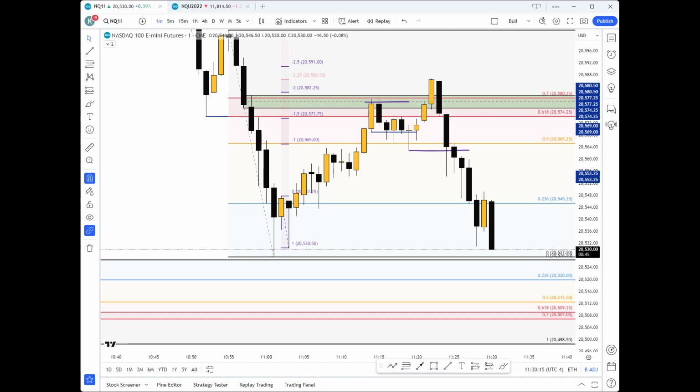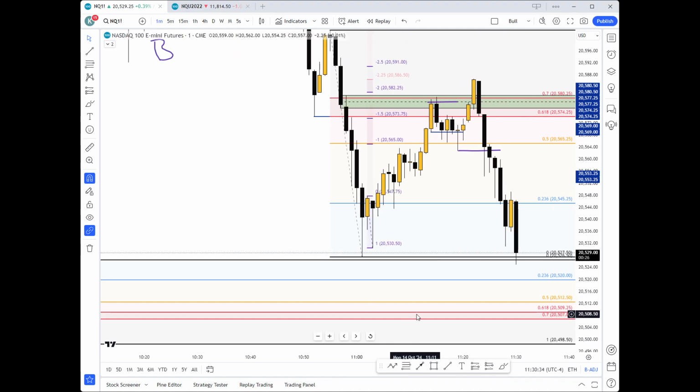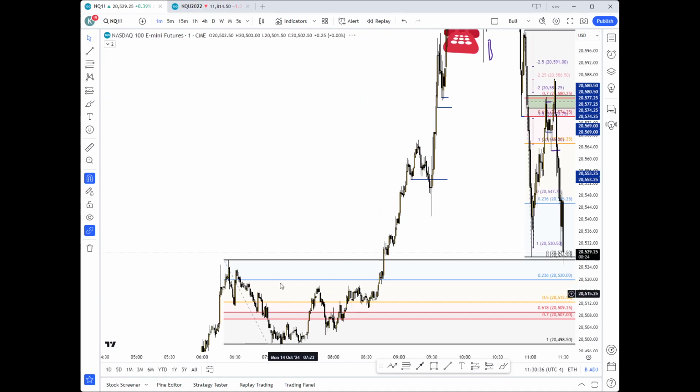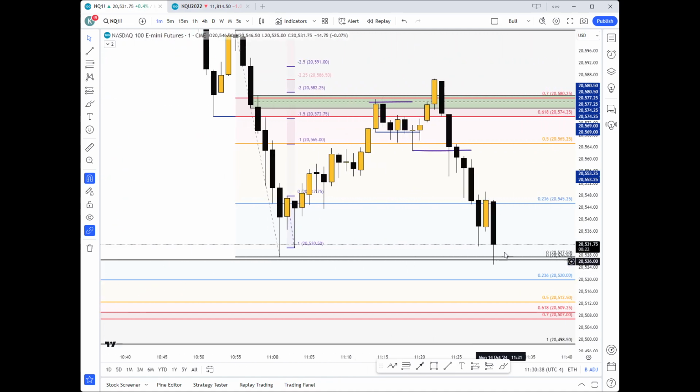Hey Dodgy, where's the inverse? Could be finally traded back into this area. Finally. This is just a little love tap.